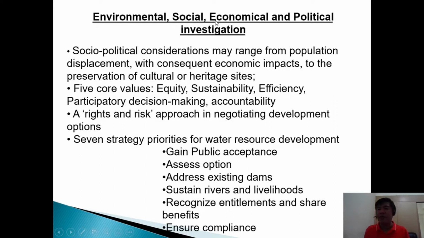Another one is the social concerns. So you also have to listen to the concerns of the people that will be affected in the whole area.